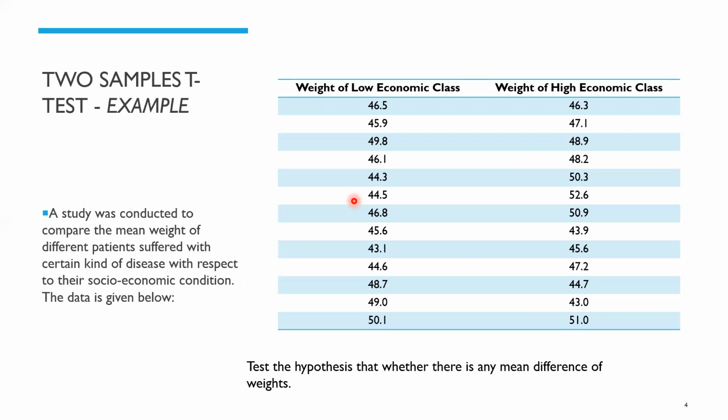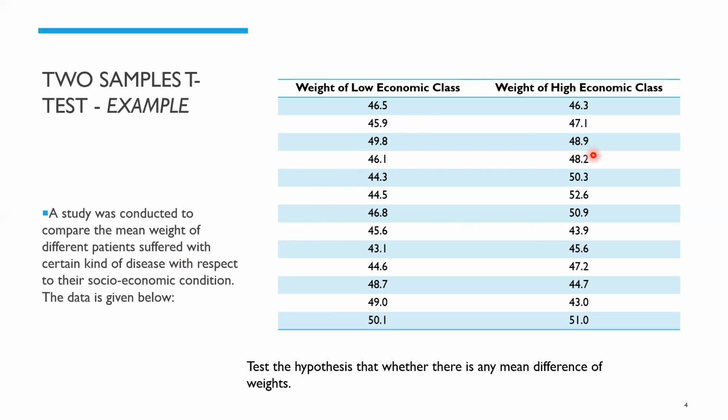To discuss the application of the two sample t-test, we have a scenario: a study was conducted to compare the mean weight of patients suffering with a certain kind of disease with respect to their socioeconomic class. One class is the low economic class, another class is the high economic class. Before going further, we have to check the assumptions of the t-test, which we have discussed in our previous slide.